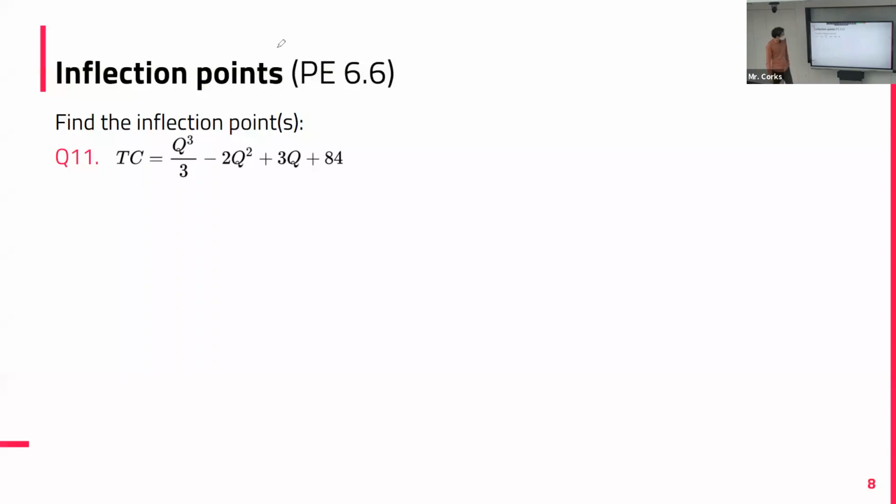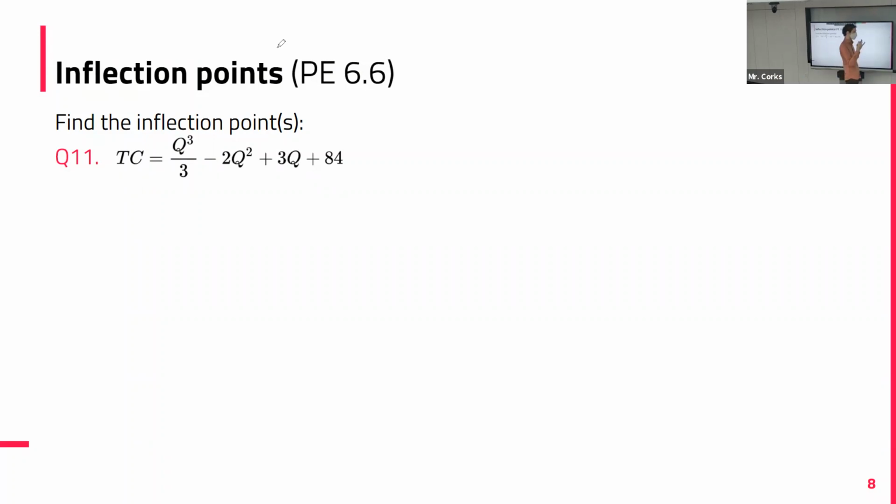So let's see if we remember from last time. How can we find an inflection point? That's how we find the turning points, and then see if they are maximums or minimums.